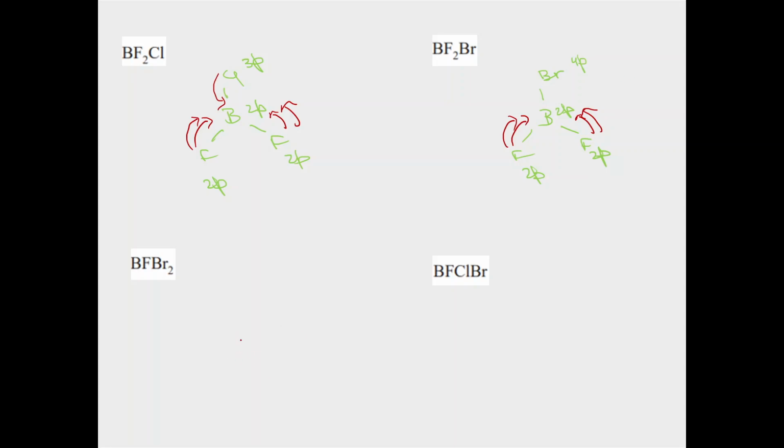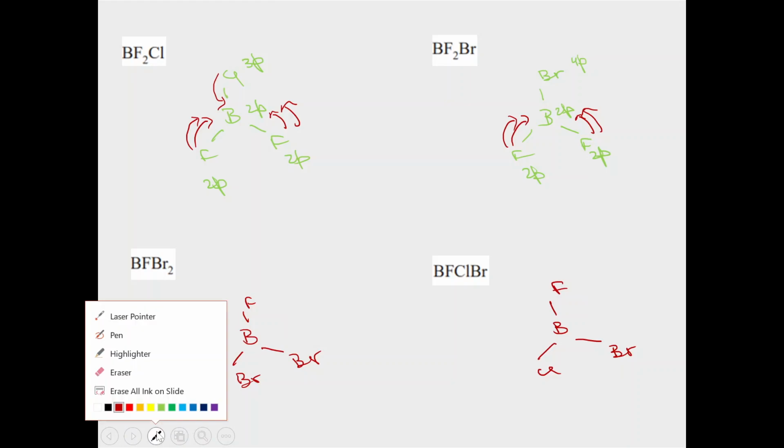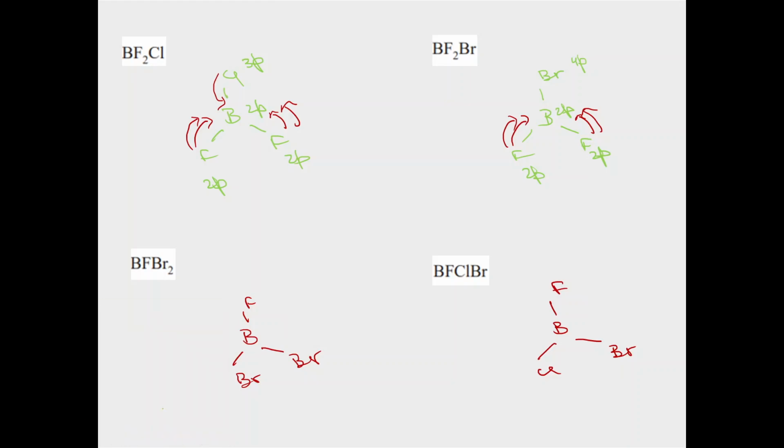Now coming to the case of BFBr2, and we have another, BFClBr. Here again 2p, 2p, 4p, 4p.